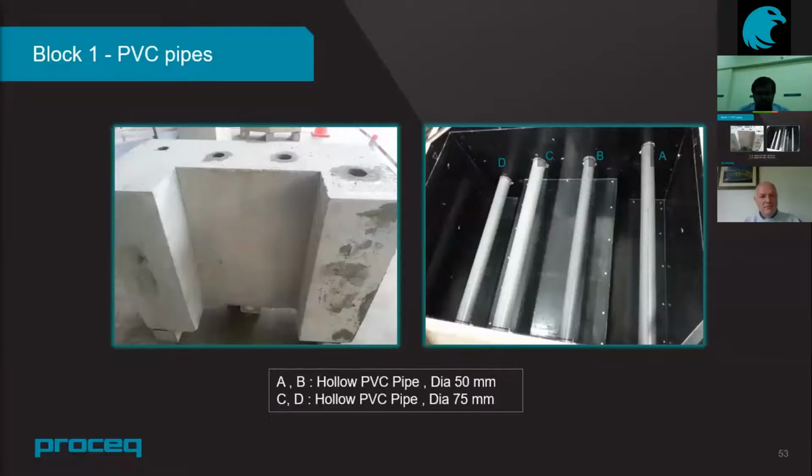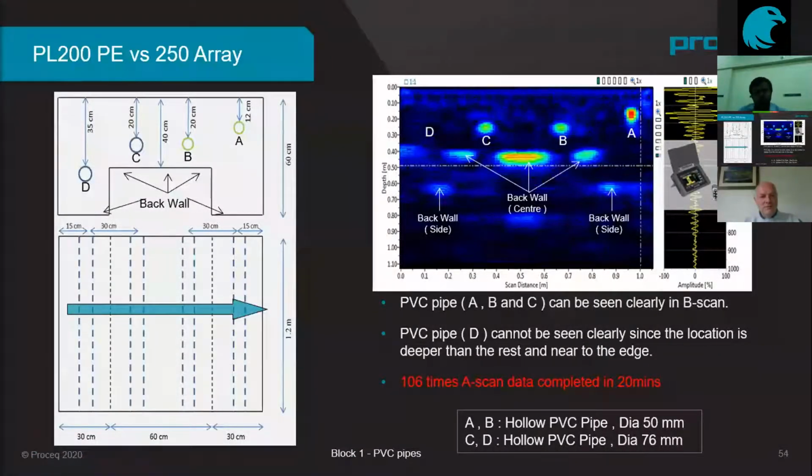First, we have this irregularly shaped concrete block, and the center has 4 PVC pipes. AB pipes have a diameter of around 50 mm, and CD pipes have a diameter of around 75 mm. First, we have this single channel solution. I'm not saying single channel is useless, right?